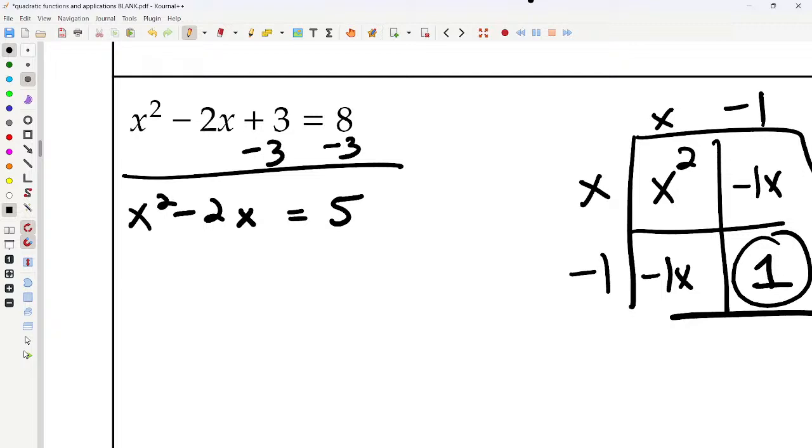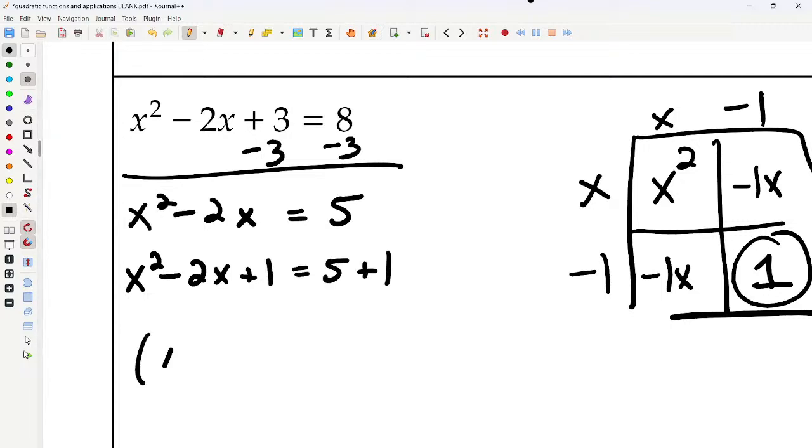Not going to change how I completed the square, so I still need to add 1 to both sides. Write this in its factored form. Call that 6. Take a square root.